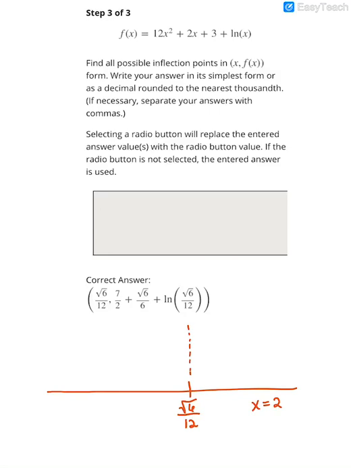And then something like, we can't take a negative, so let me get a decimal for square root of 6. Okay, so square root of 6 over 12 is approximately 0.2 as a decimal, so as a test point over here, I will use something such as 0.1.